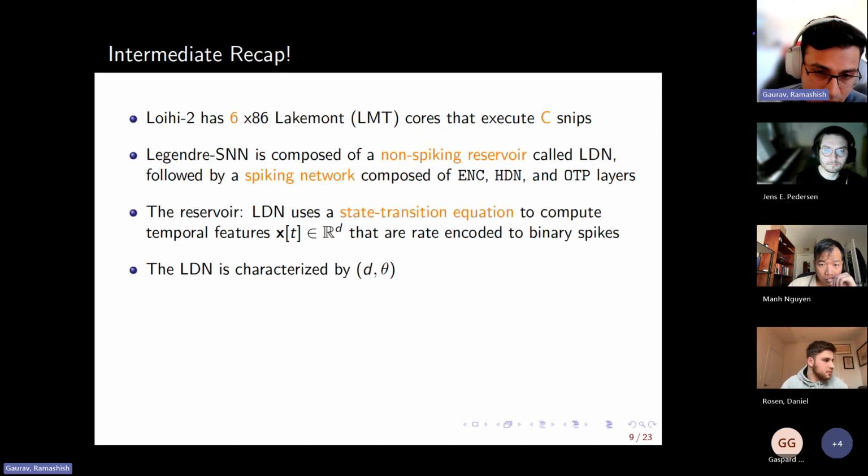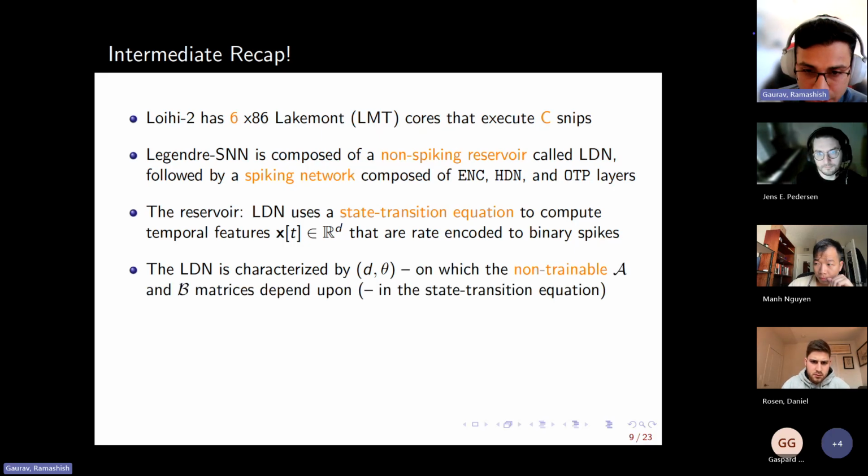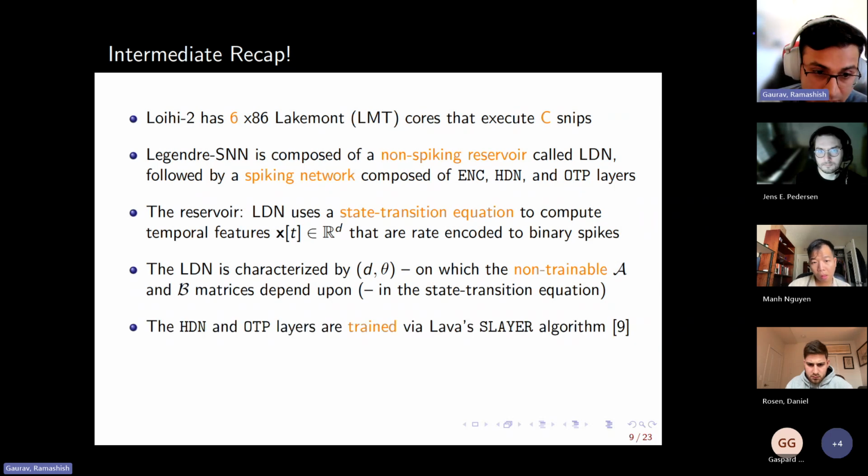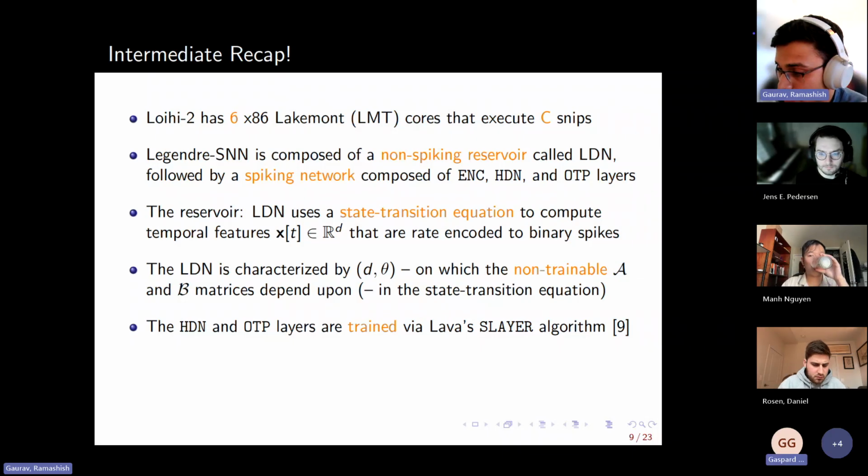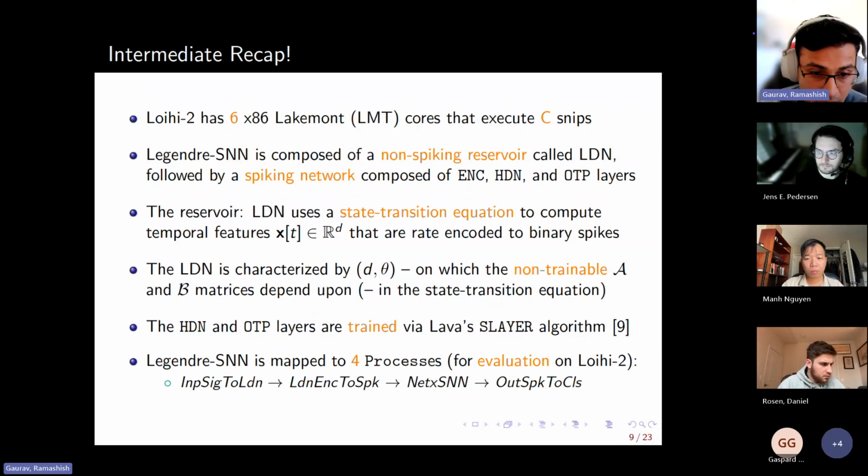The LDN is characterized by two hyperparameters, d and theta, on which the non-trainable matrices A and B depend, and these matrices are, of course, in the state transition equation. The hidden and the output layers are trained via Lava's SLAYER algorithm.